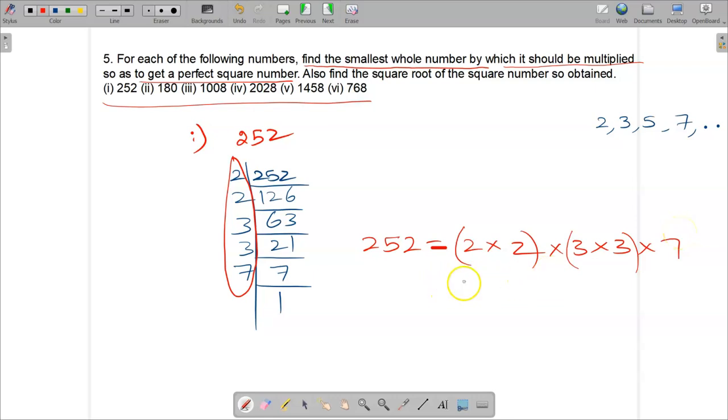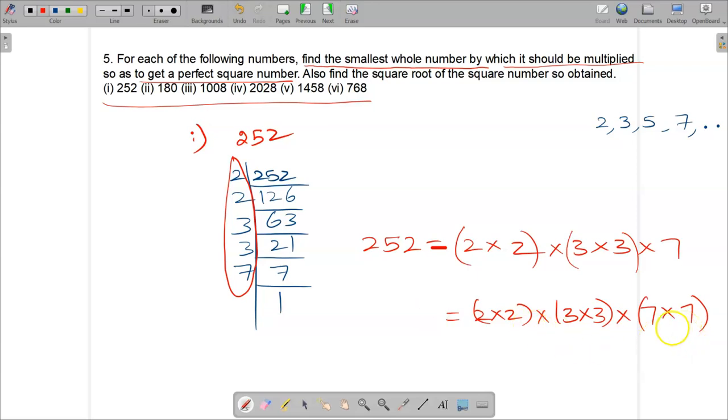So we have to multiply this number by 7 so that it can become a perfect square, okay. Since 7 has no pair, we are going to multiply by 7. So now 7 has a pair, okay. So when you multiply, whatever we get will become a perfect square.